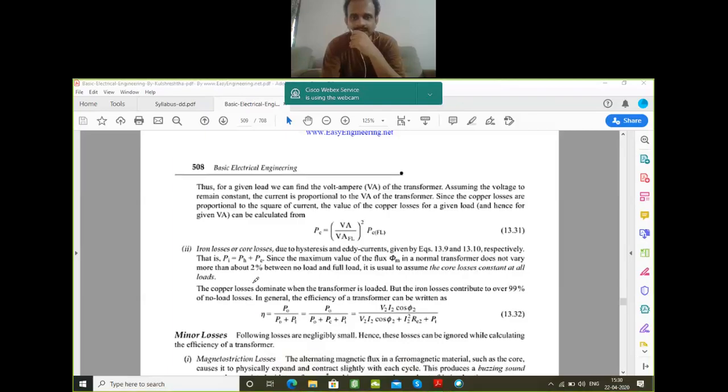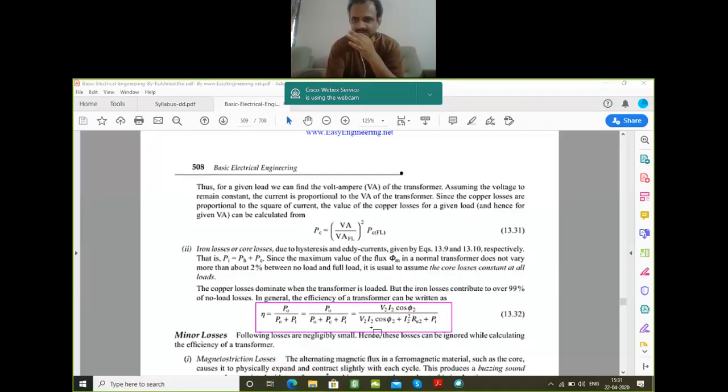So generally speaking, what is the efficiency of the transformer? Efficiency of the transformer can be given by this formula. Efficiency is equal to P naught by P naught plus PL, where PL is the losses. P naught is V2 I2 cos phi 2, the power at the secondary: voltage at the secondary into current in the secondary into cosine of the angle between the two.